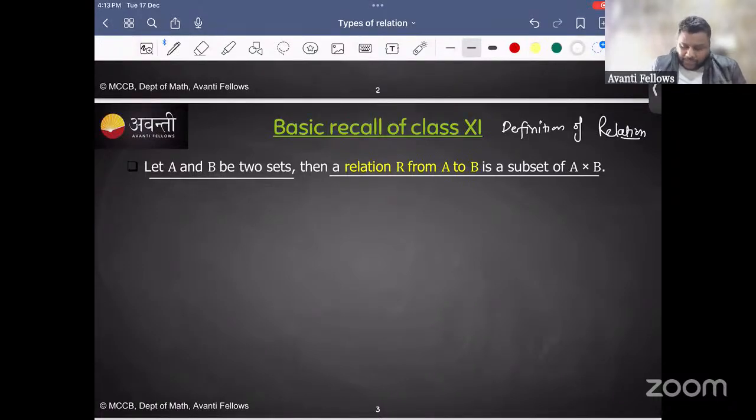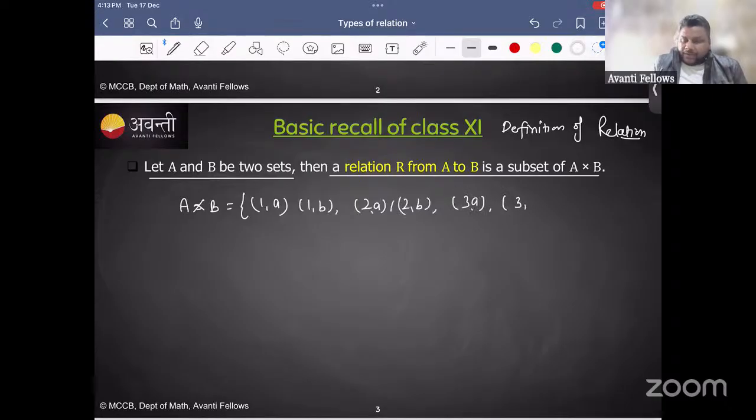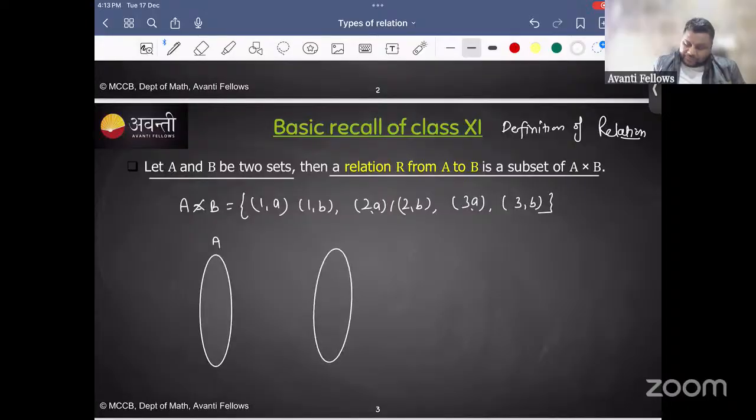Let's say simply the previous A cross B I have written: (1,a), (1,b), (2,a), (2,b), (3,a), and (3,b). Say this is your set A, this is your set B. Here the elements are 1, 2, 3, and here the elements are a, b.